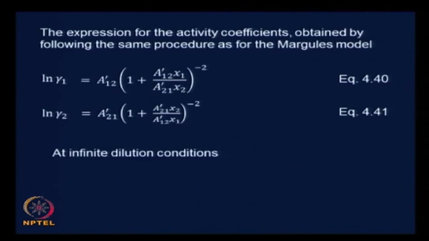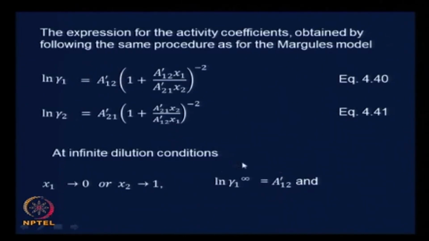And at infinite dilutions, as we did earlier, when x1 tends to 0 or x2 tends to 1, we have ln gamma 1 infinity equals A12 dash, quite easy to see. You put in x1 equals 0, and irrespective of x2 this term vanishes and this term just becomes 1, and therefore ln gamma 1 at infinite dilution, we are left with the constant A12 dash alone.